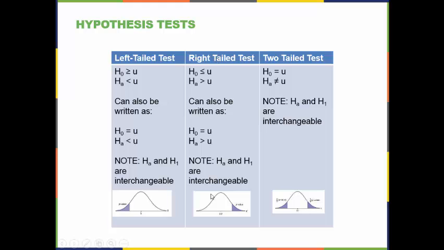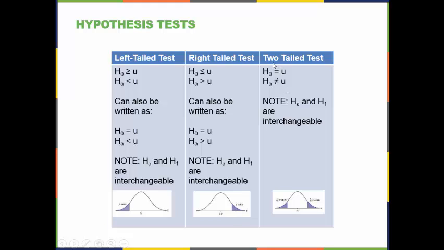And we're computing p-values again. We did p-value calculations back when we just used the normal distribution. You're looking at this side of the curve.